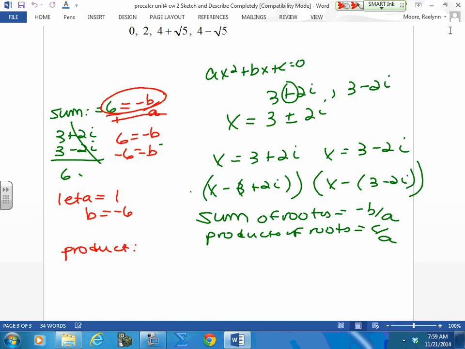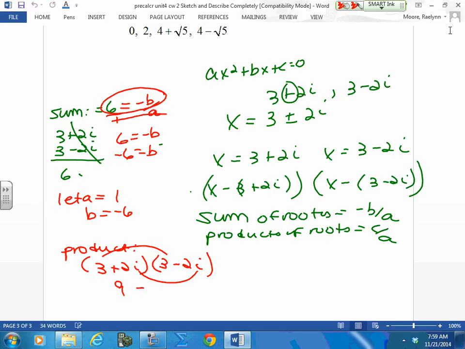Okay with that? Okay, product. Product is even easier. Your first root, 3 plus 2i. Your second root, 3 minus 2i. These are perfect squares. You can, number one, put them in your calculator, and the i for your imaginary is right above your decimal point. Or you can use your perfect squares. Multiply your first terms, multiply your last terms. What's 3 times 3? A positive times a negative gives me a negative.